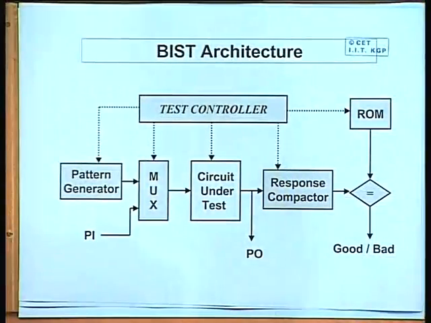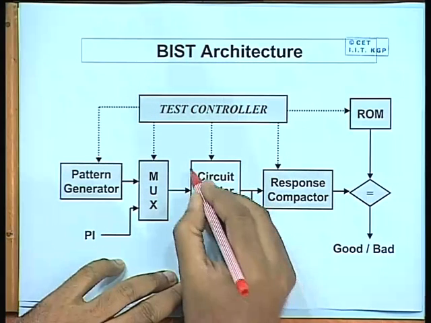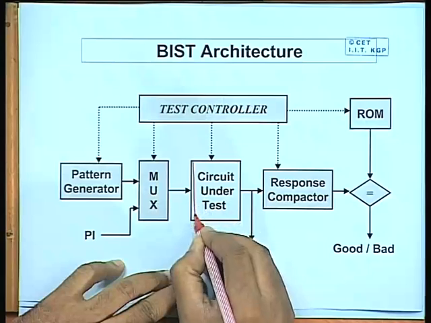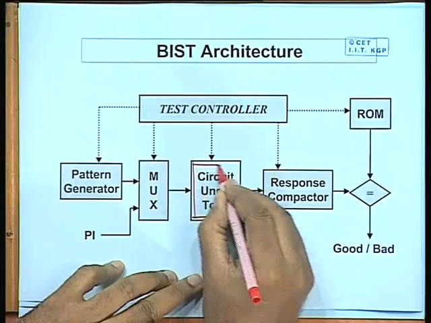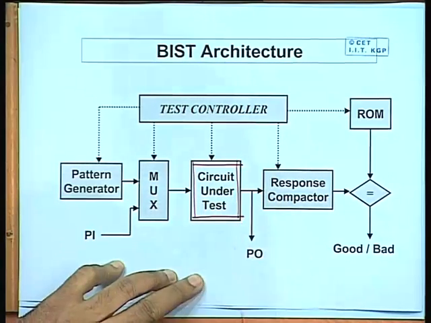Okay. Now, just looking at the overall BIST architecture, let us try to see the primary hardware blocks that we need to activate the BIST. Well, now in this diagram, the circuit that we want to test is residing here in the middle. This is the circuit under test.